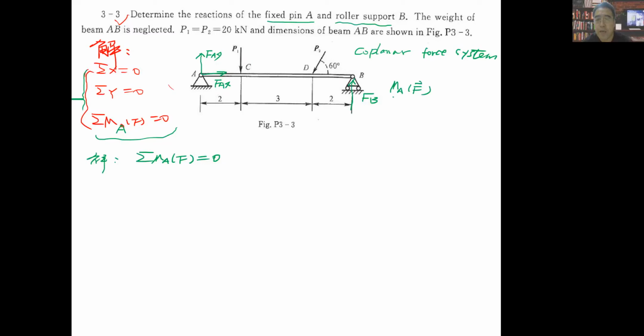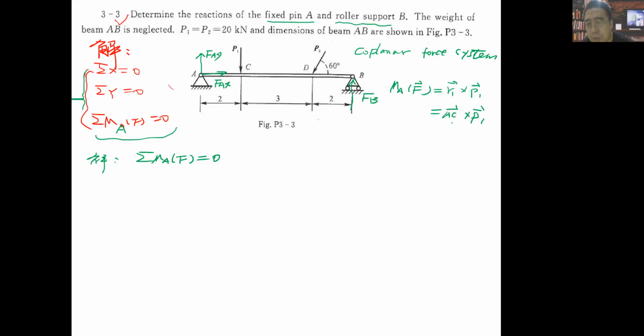We talked about the force's moment to point A. So usually, let's say for P1, the moment is equal to the cross product of the position vector r and P1, right? So actually we need to link A and the action point of this force P1 at C. So AC is the position vector of this force P1, right?